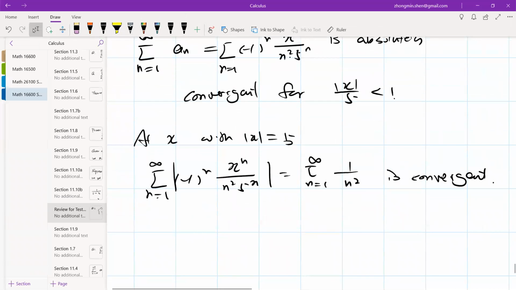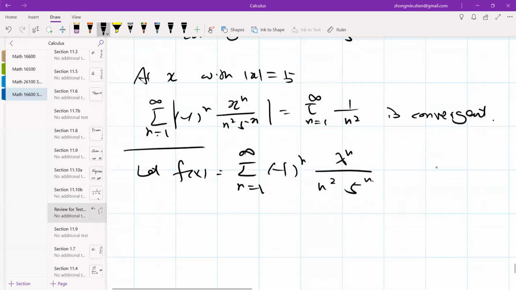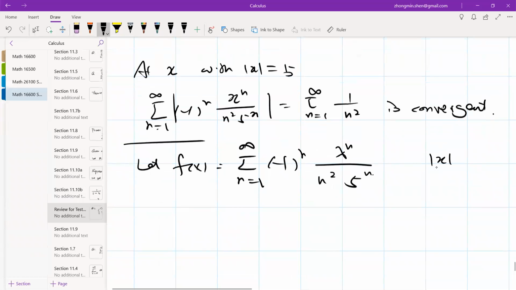So inside the interval, you can differentiate. Now, you can let the function be this, right? So you get a function over the interval from -5 to +5. And here x is less than or equal to 5.